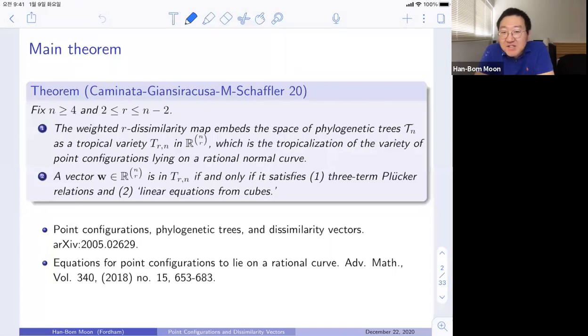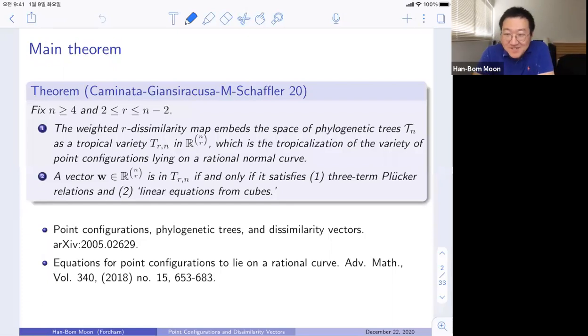The image has a very interesting interpretation as a tropicalization of some moduli space, which is the tropicalization of the variety of point configurations lying on a rational normal curve. And moreover, when we take a vector w in R to the n choose r, then we can determine whether the vector w is in the tropical variety or not by using finitely many algebraic conditions, three-term Plücker relations, and linear equations from cube.